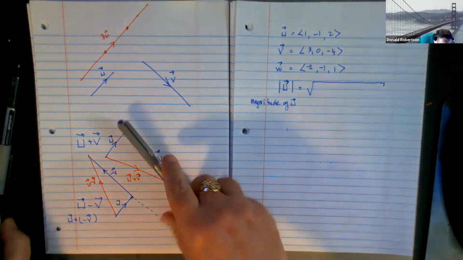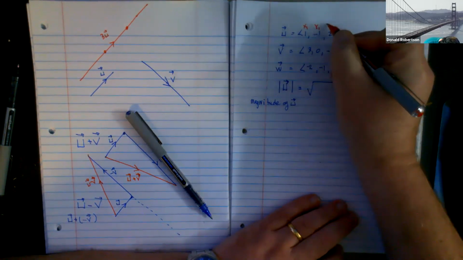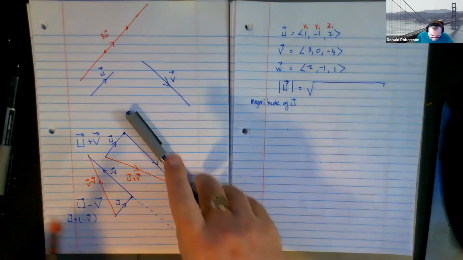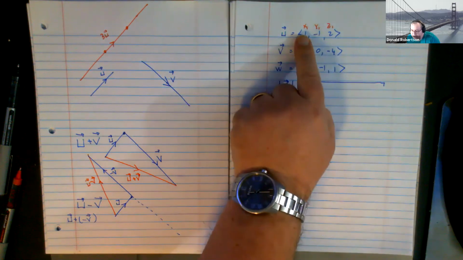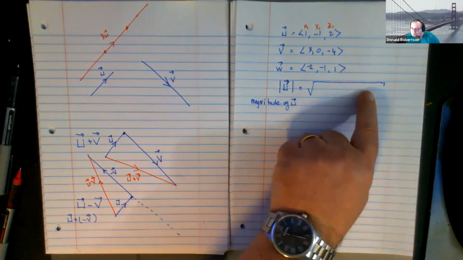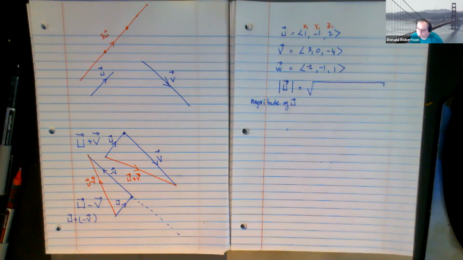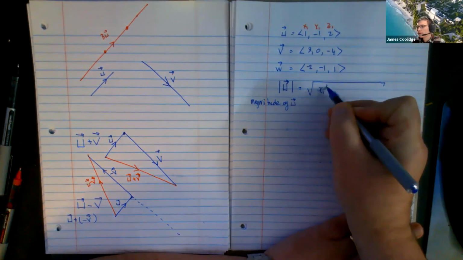And I'm going to call this vector u x1, y1, and z1 so we can have a formula to work with. Don't make your life hard. What do you think the formula for the magnitude of a vector with components x1, y1, and z1 would be? It's the square root of something. What's the something? x squared plus y squared plus z squared.